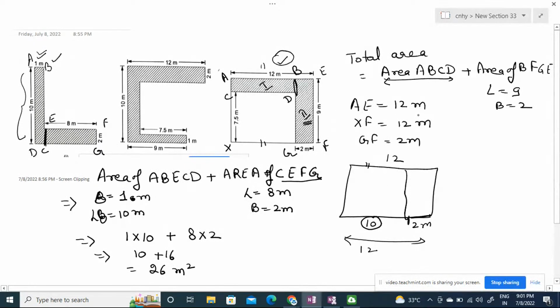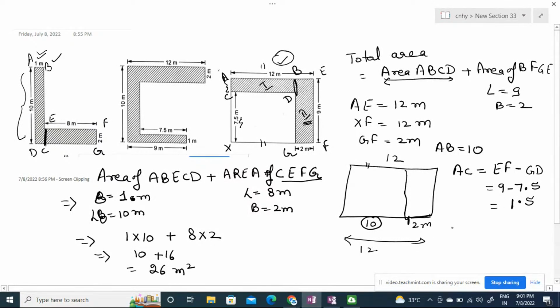Our length is 10. So AB is equal to 10, and AC is equal to EF minus AG. That is, 9 minus 7.5, which is 1.5.